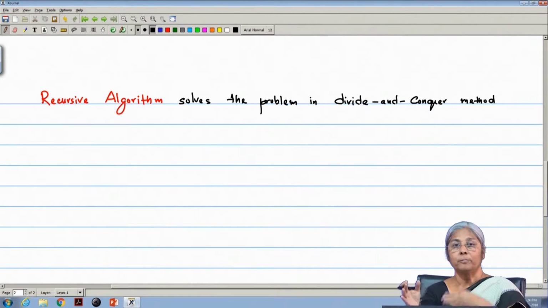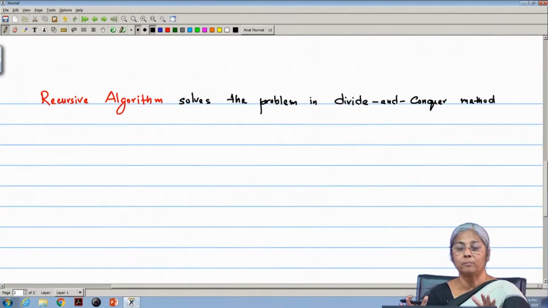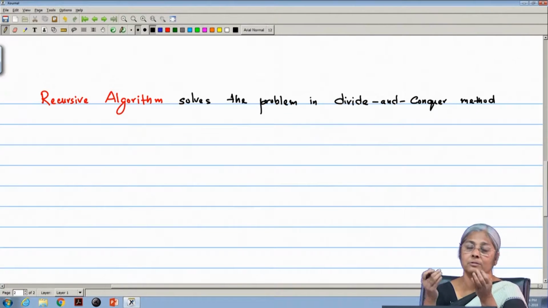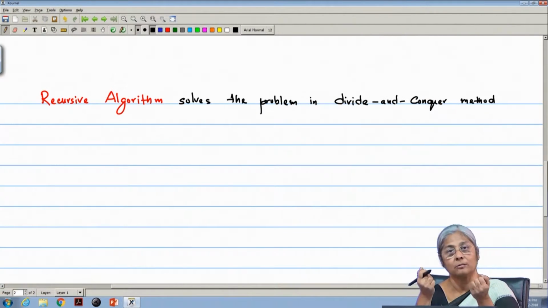The approach is that one problem is divided into sub problems of the same nature and type, and again each sub problem into other same-type sub problems, until we get a sub problem that matches a given condition, or for which I can get the solution in a straightforward way.